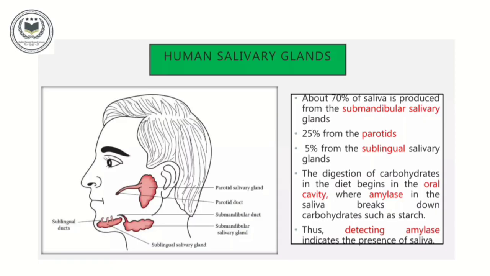Saliva is formed by three pairs of major salivary glands: the parotid, submandibular and sublingual glands. The digestion of carbohydrate in the diet begins in the oral cavity, where amylase in saliva breaks down carbohydrates such as starch. Detecting the amylase enzyme indicates the presence or absence of saliva.